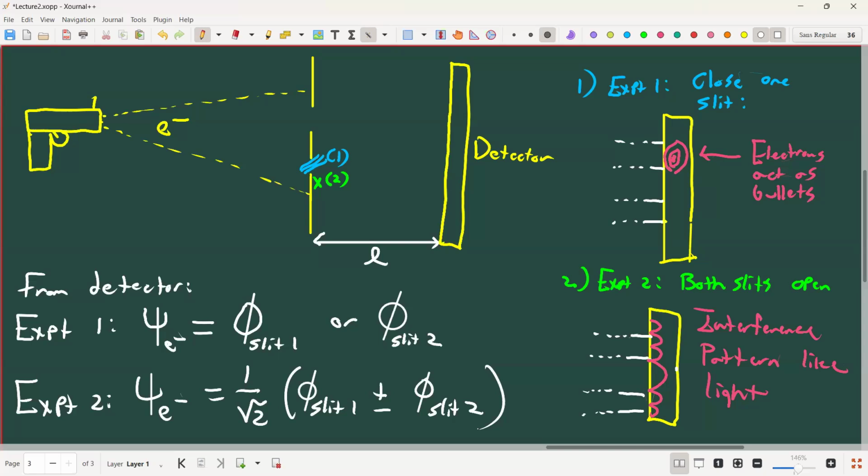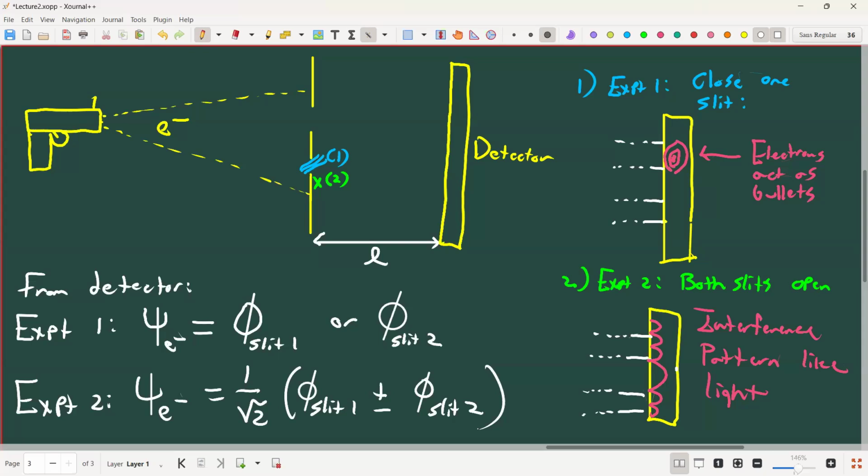All right, so let's try something a little more clever instead. Maybe the problem is that we're using this screen. Maybe there's a better way to detect this. And this is a thought experiment that Richard Feynman came up with.